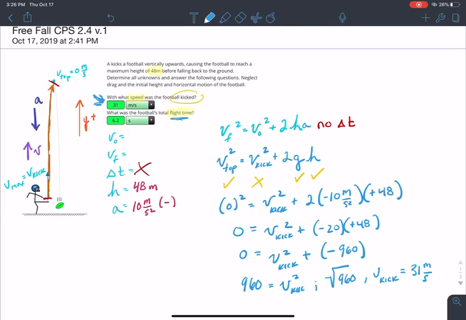We have an equation that says Vf equals V naught plus AT. And let's see if we can use this. We have a Vf. That's going to be at the top of the parabola. Check. We have the kicking velocity, which is our initial velocity. Check. We know gravity, which is 10 meters per second squared. Check. And we can solve for time, which is the only variable we don't know.